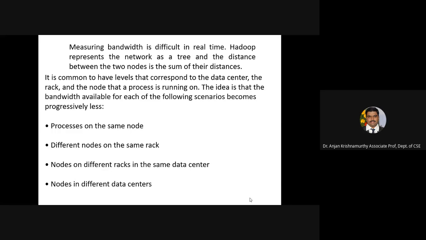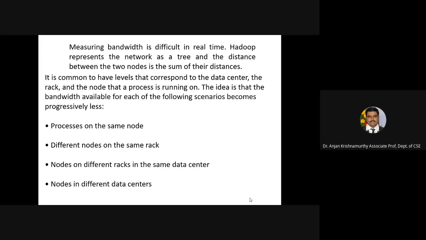Another scenario is that the processes are on different nodes of the same rack, right? The network fabric interconnect connecting the nodes is InfiniBand. So the processes sit on different nodes of the same rack. So here also there is a good possibility of a good transfer rate.